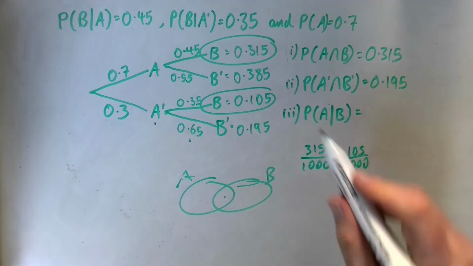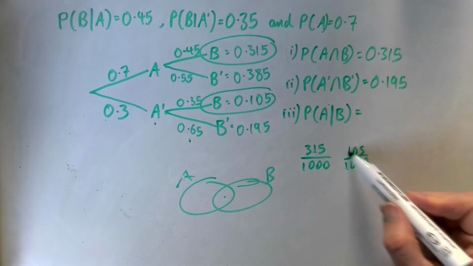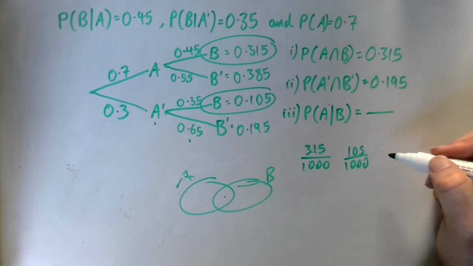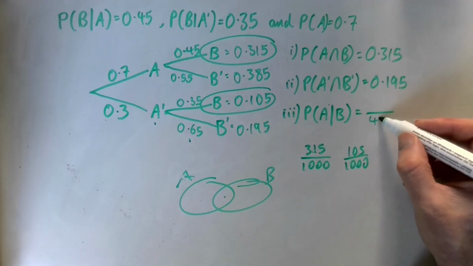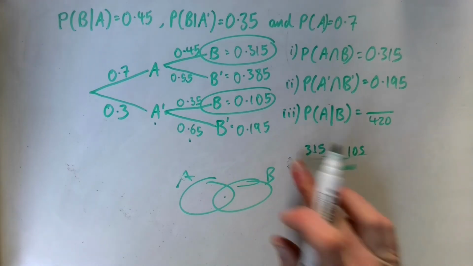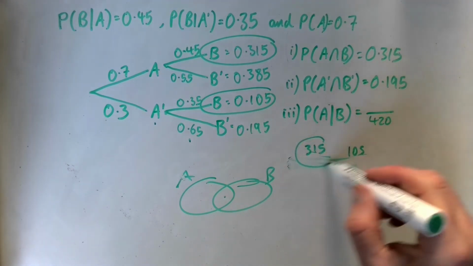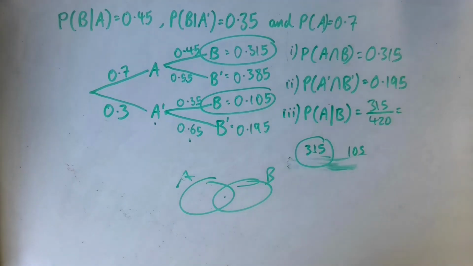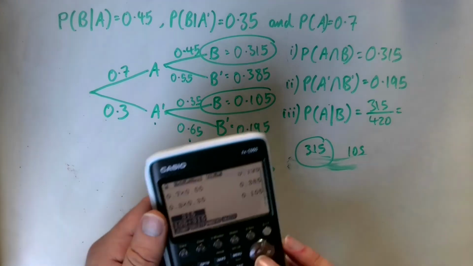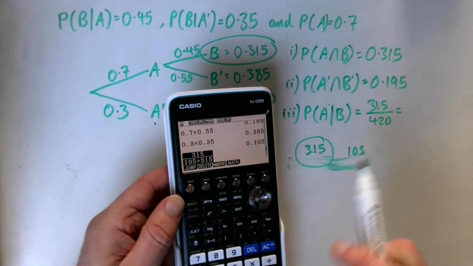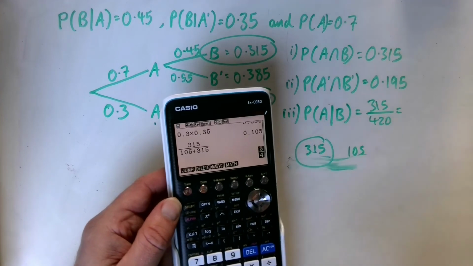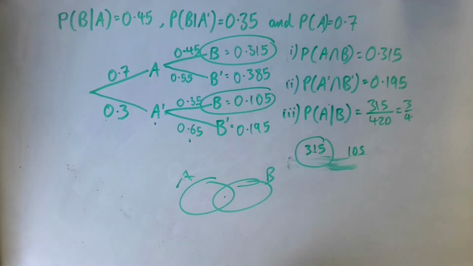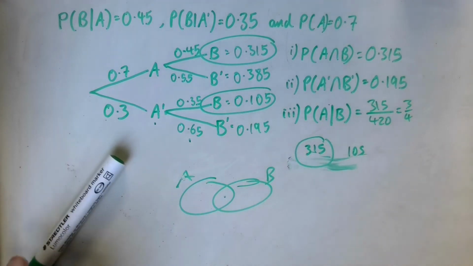Now, because those two denominators are the same, we can simply add those to make our new denominator. So that is 315 plus 105 is 420. 420 things can happen, but the ones we want to happen are these, 315. And if you put 315 over 420 into your calculator, adding the two denominators as you go, you do get 3/4, because 105 goes 3 times into 315 and 4 into 420.